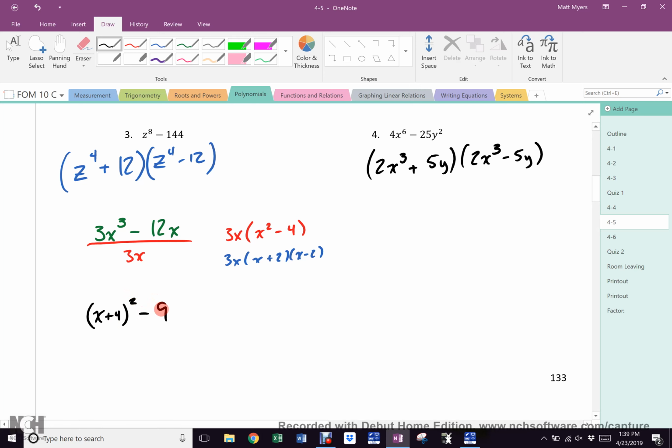And 9 is a perfect square, isn't it? So isn't that a difference of squares? But when it was this, x squared minus 9, it was easy. What was it? X plus 3, x minus 3, right? Well, what's different here? It's that. That's the base, right? Well, when it was x squared minus 9, it became x and x, yeah? I just put this base. So what do you think I'm going to put here? X plus 4. X plus 4 plus what?